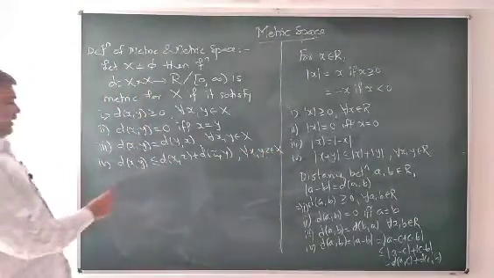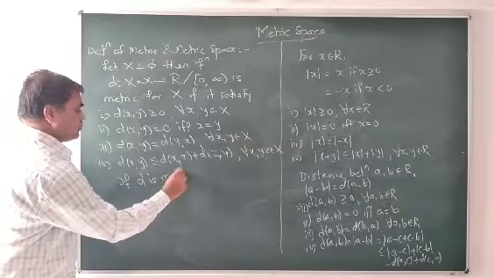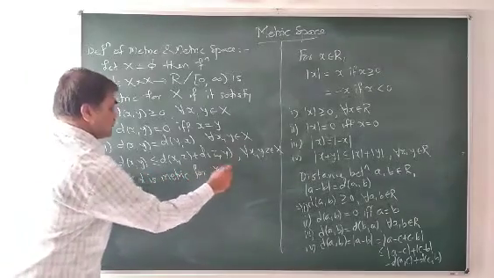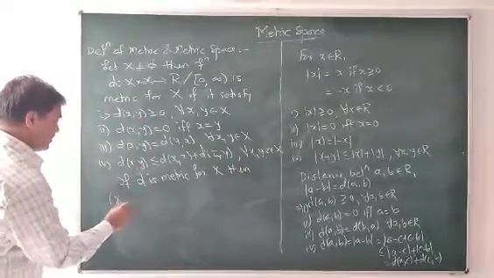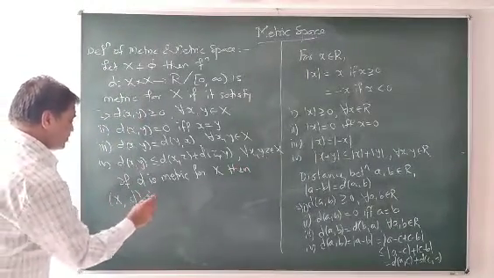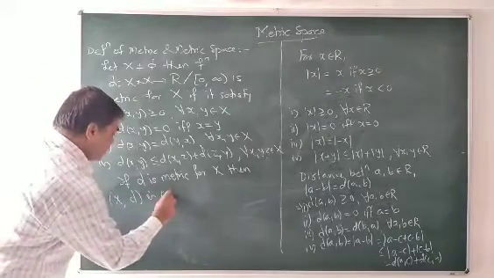If d is a metric for X, then set X together with metric d is called as metric space.